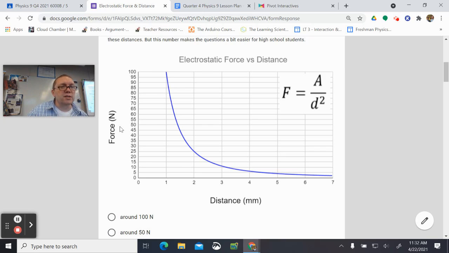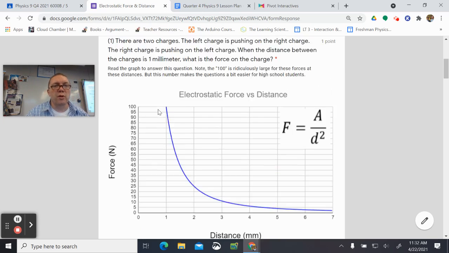So I made these numbers that we'd be comfortable with, and I just put in this little disclaimer: the numbers are easy, and they all work with the graph and with the equation, but they represent an abnormal or probably impossible amount of charge to be used. Maybe not impossible, but not something that we would be working with. So the numbers will work, but they're not realistic.